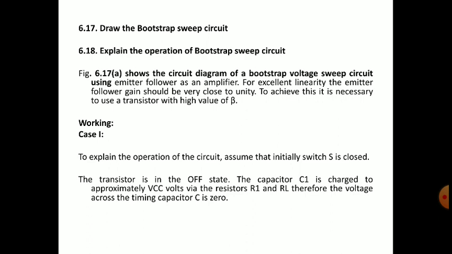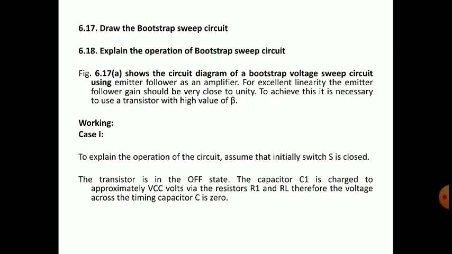So, using an emitter follower as an amplifier, for excellent linearity the emitter follower gain should be very close to unity, because from the definition of sweep voltage, the output voltage should be proportional to time. That is, it should be linear with time.